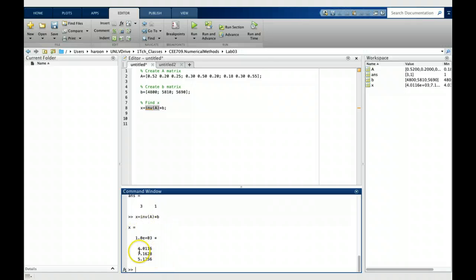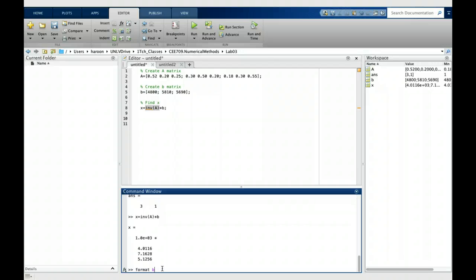So it's saying 4.0 times 10 to the power 3, 7.1 times 10 to the power 3. So this is the scientific notation in which it is giving us the answer. Now what we can do here is change that format. So the command for that is format, and this is actually one of my favorite commands because it changes to accounting type of printing.